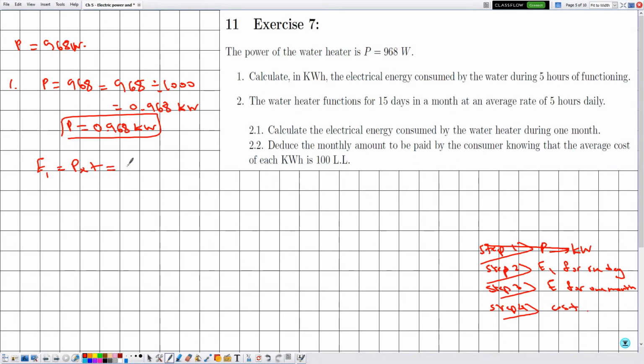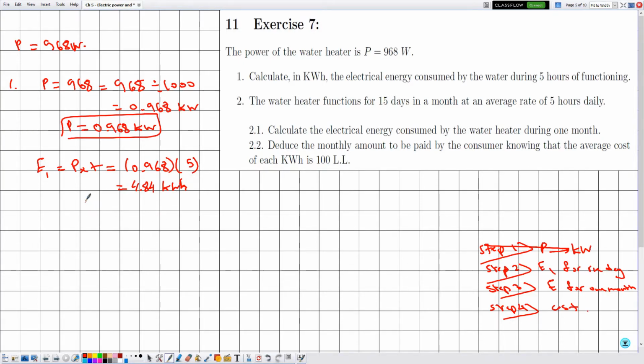So the value of P is given by 0.968 in kilowatts, and the time T in hours is given by 5. So plugging this on the calculator, the value of E1 is given by 4.84 in kilowatt hours.